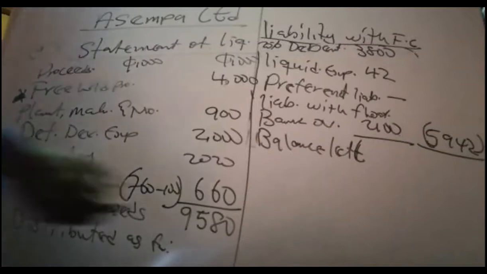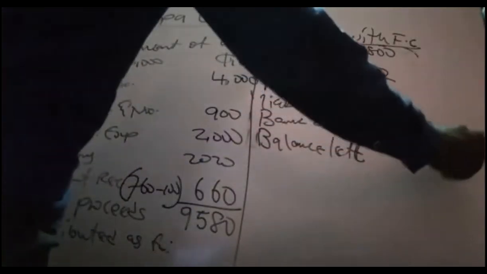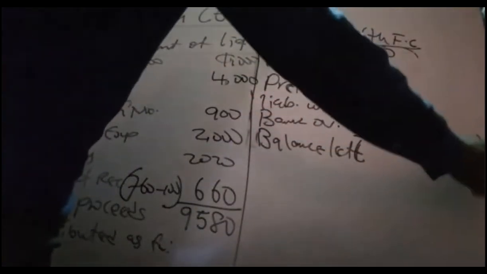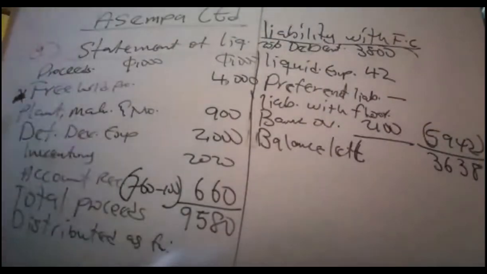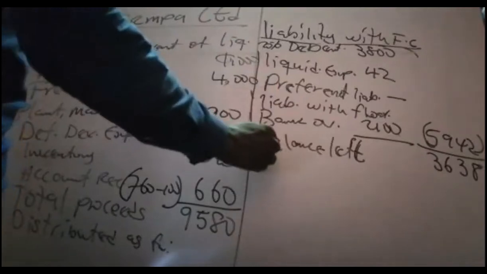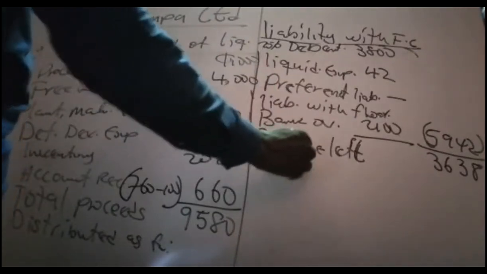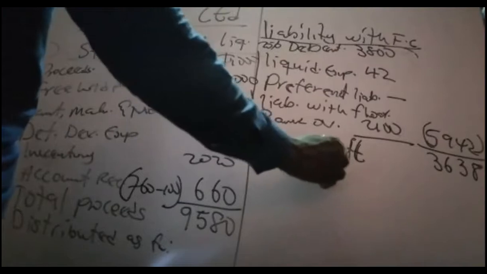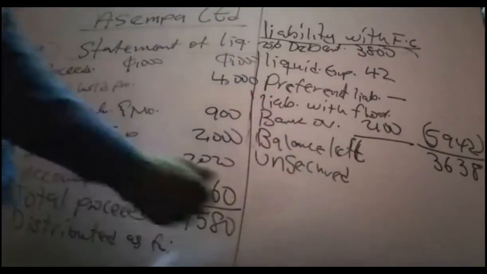Great. 3,638. So this is the balance left for the unsecured liabilities. So all you have to do is write here unsecured liabilities.